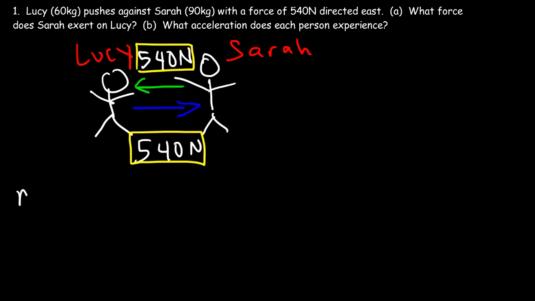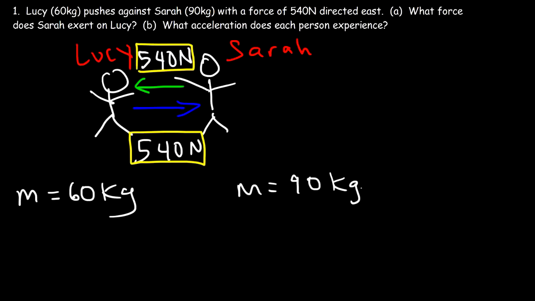Now Lucy has a mass of 60 kilograms, and Sarah has a mass of 90 kilograms. Who is going to experience the greater acceleration? Because Sarah's mass is larger, her acceleration will be lower than Lucy's. Lucy is lighter, so she's going to experience the greater acceleration. And so to find acceleration, you can use this formula, F is equal to ma.